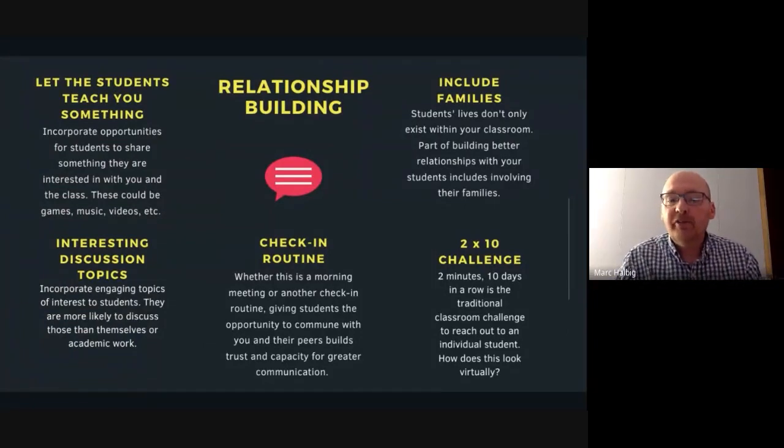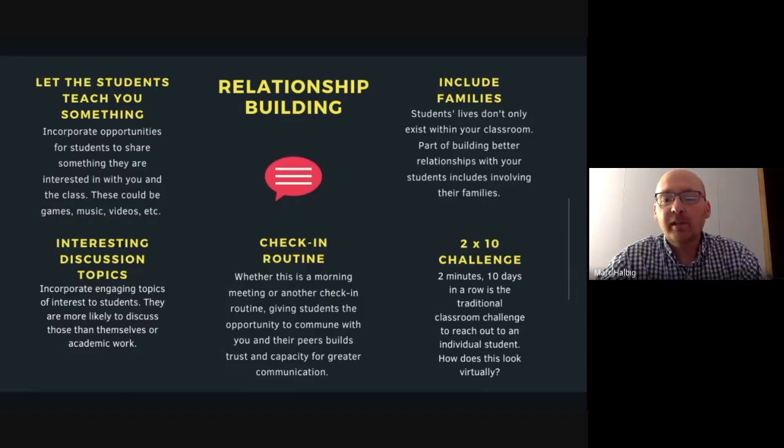And the 2x10 challenge. Now, this was set up for the traditional classroom where you pick one of those students that you're concerned about or want to build that relationship more with, and you take 2 minutes a day for 10 classroom days in a row and you build that. How would this look virtually?